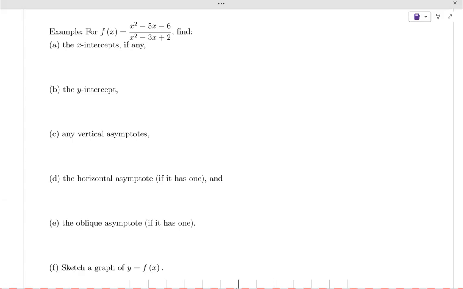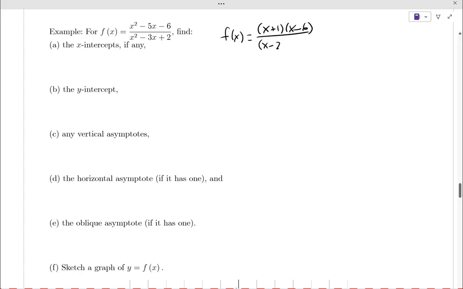Okay. All right, so one thing I would probably do first before trying to do anything else is factor your top and factor your bottom so that we can answer these questions a little bit more quickly. How does the top factor? Yeah, x minus 6 and x plus 1, good. And the denominator factors as?